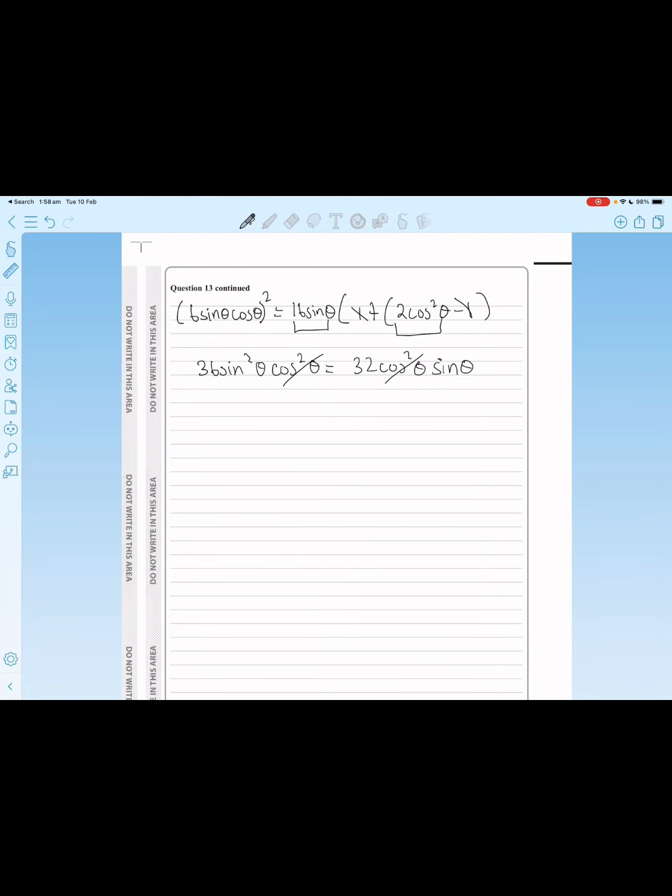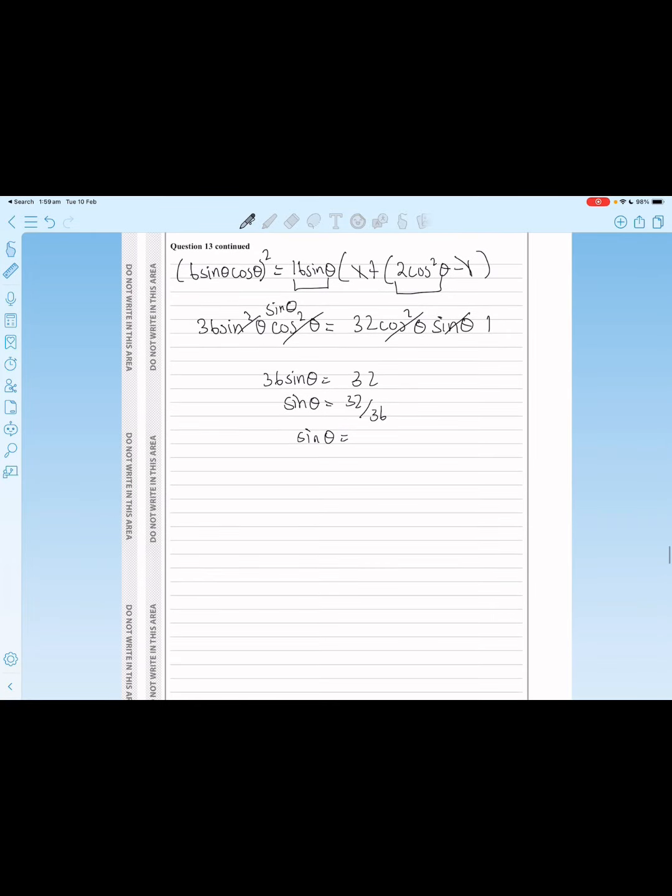And then sine squared theta would become sine theta. So I'm going to say that 36 sine theta is equals to 32. And therefore sine theta is equals to 32 over 36. Sine theta is equals to 16 over 18, which is essentially 8 over 9.